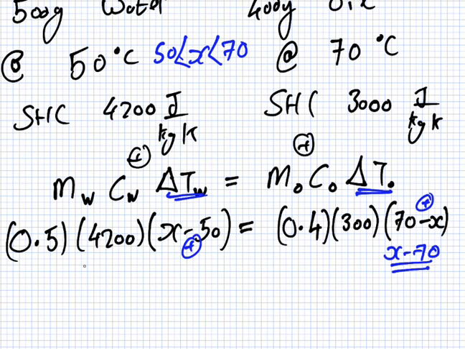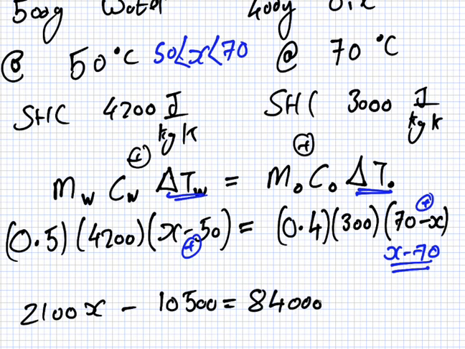Because it's just an equation for x to solve. So this is 2100x minus 25 times 4200. 25 times 4 is 10,500. Equals, now, 84,000.